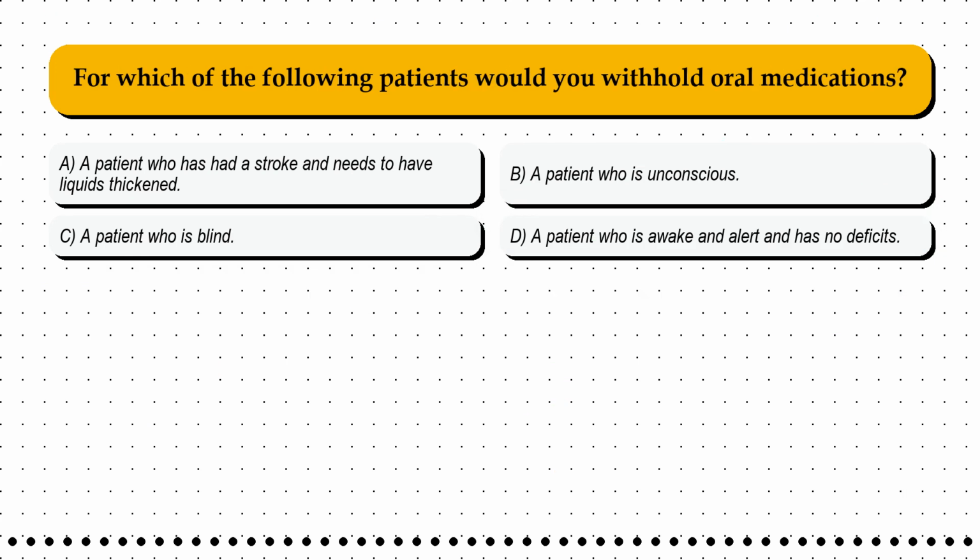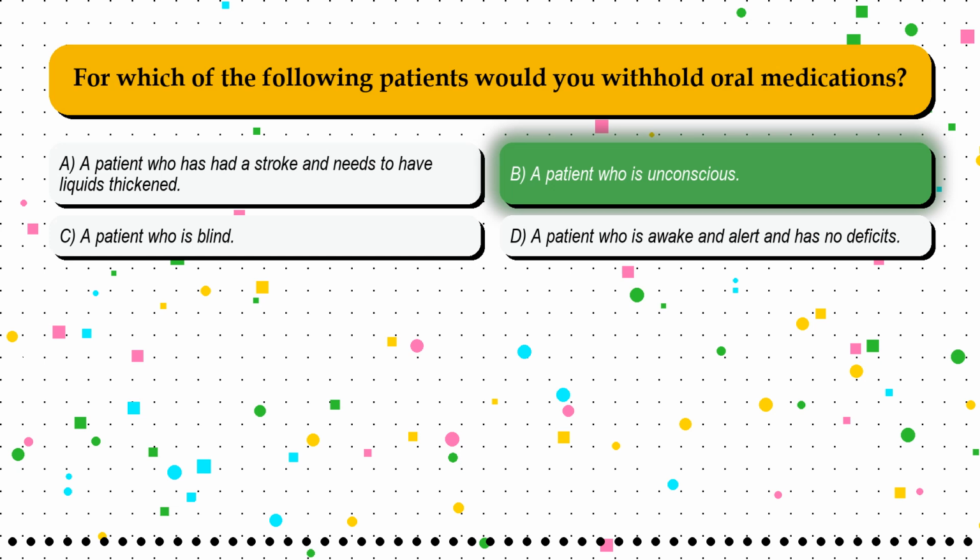Question 254. For which of the following patients would you withhold oral medications? Option A, a patient who has had a stroke and needs to have liquids thickened. Option B, a patient who is unconscious. Option C, a patient who is blind. Option D, a patient who is awake and alert and has no deficits.